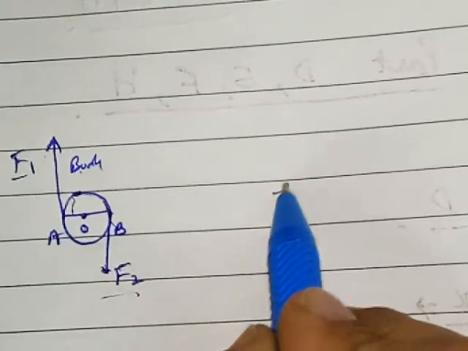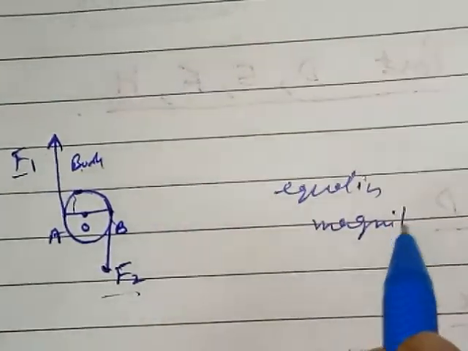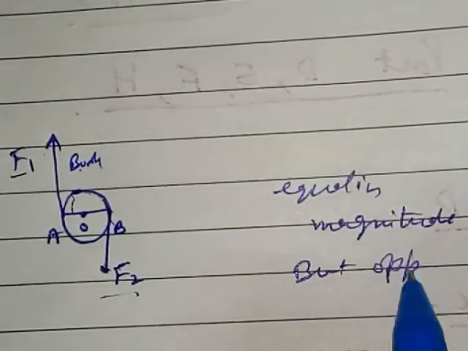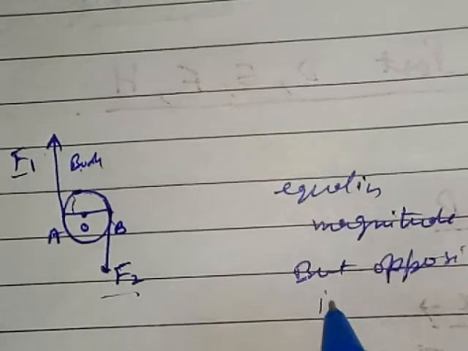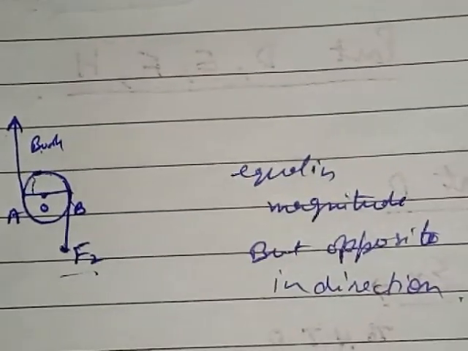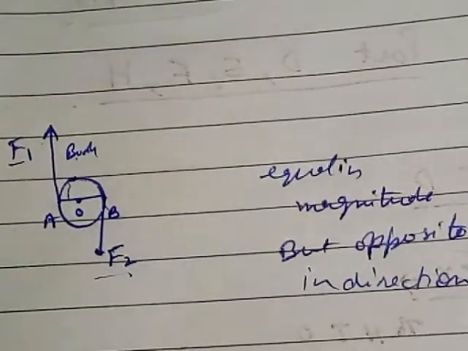Now these two forces F1 and F2 are equal in magnitude but opposite in direction. Now let's discuss their line of action.